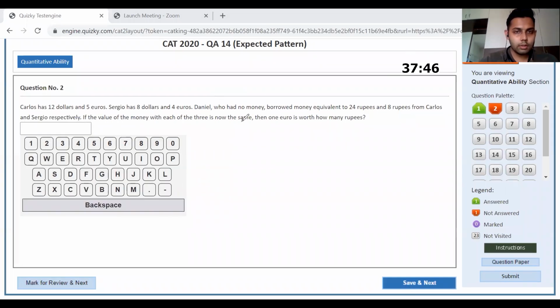Carlos has $12 and 5 euros. So let's just write it as $12 plus 5 euros. Sergio has $8 plus 4 euros. Okay. Daniel had no money, borrowed 24 and 8 rupees. So he basically has 32 rupees.